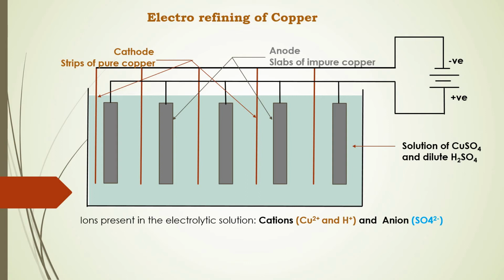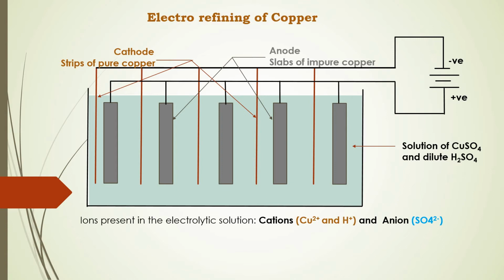Let us see the ions present in the electrolyte. The ions present in the electrolytic solution are cations and anions. We have two types of cations, copper and hydrogen, whereas we have only one anion, and that is sulfate ion. Now if we carefully look at the cations, copper and hydrogen, copper is in a lower position in the electrochemical series compared to hydrogen.